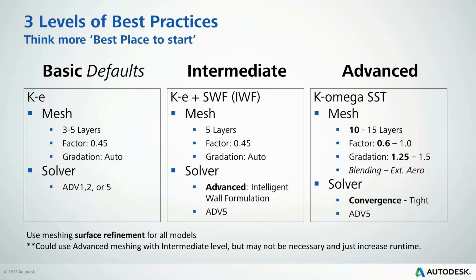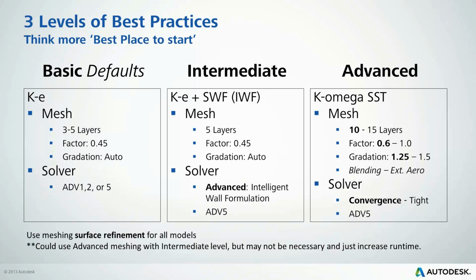So this comes down to my last two slides I want to talk about, and we talked about a lot on turbulence models, of course, but now what do you do with these different options? So after talking with various people on our team, I came away with 3 levels I thought might be an interesting way to approach how people move forward. There's the basic. These are really the defaults within the software. So this is your K-epsilon with the standard wall formulation, where you need to potentially think about what your Y plus is depending on your application.